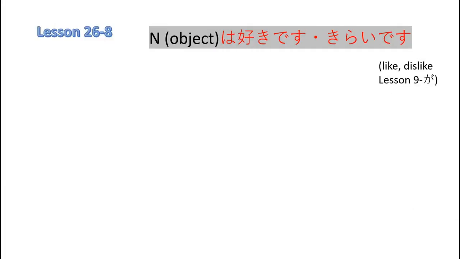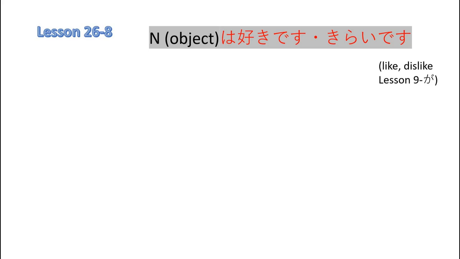Next grammar pattern is noun, which is an object, wa suki desu and wa kirai desu. So we have already learnt suki desu and kirai desu in lesson 9 to express like and dislike. But we used the particle ga in lesson 9, and in this chapter we will be using the particle wa.